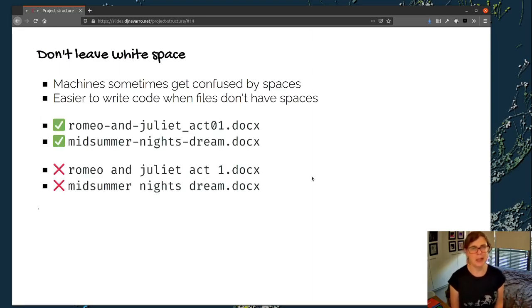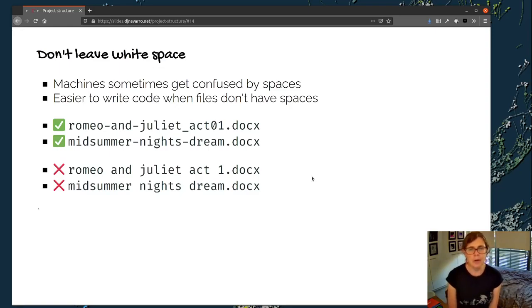So here's what I mean. If I go Romeo_and_Juliet_act1.docx, that file name has no white space in it at all. Whereas if I typed it as if it was English text, I would go Romeo space and space Juliet space act space 1.docx.